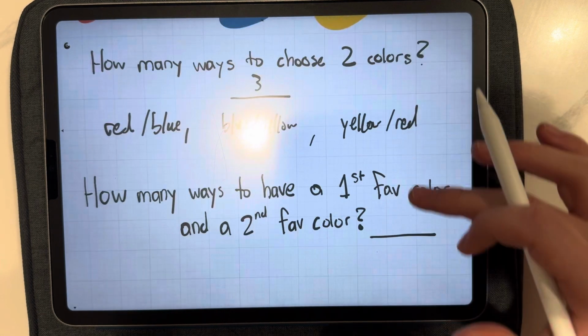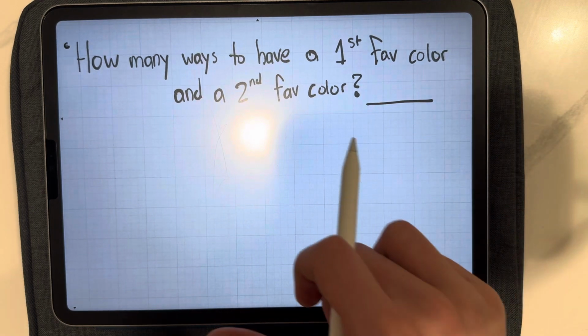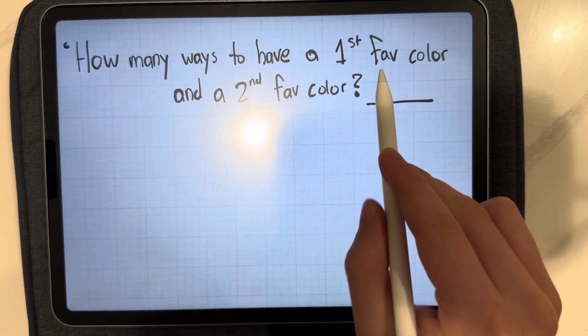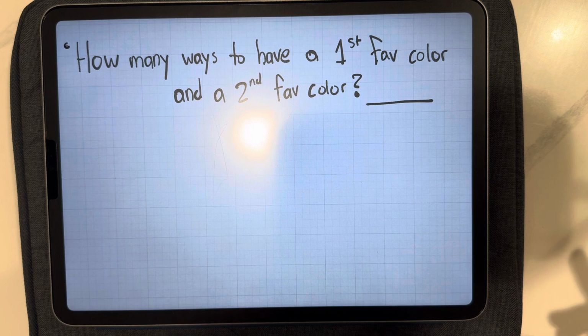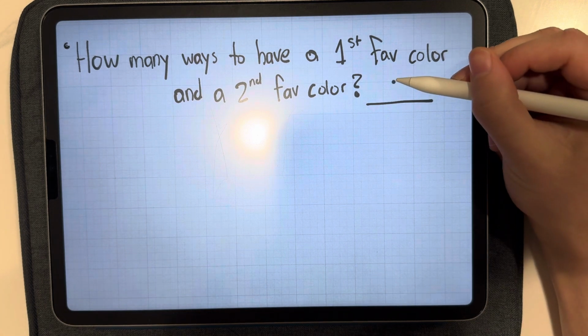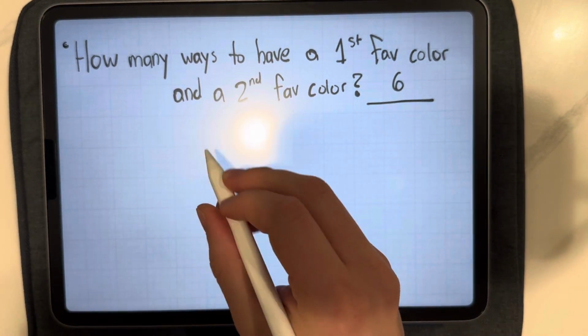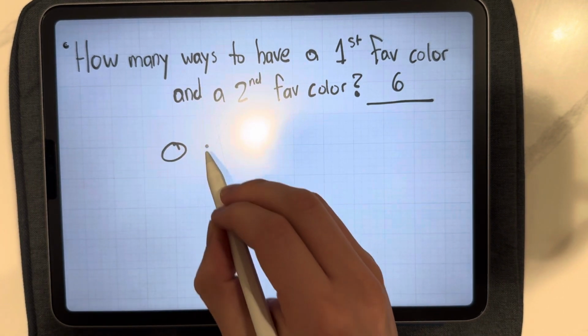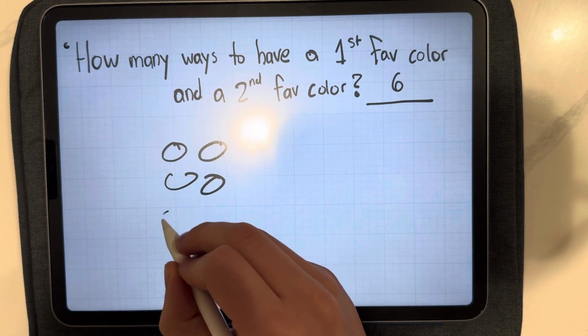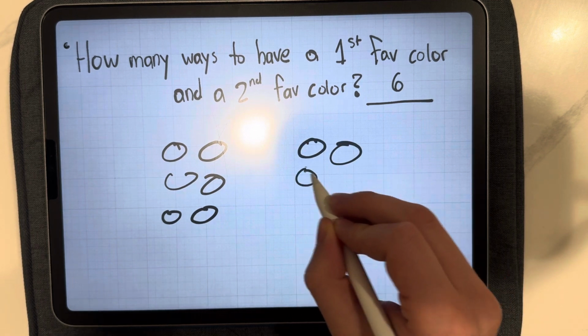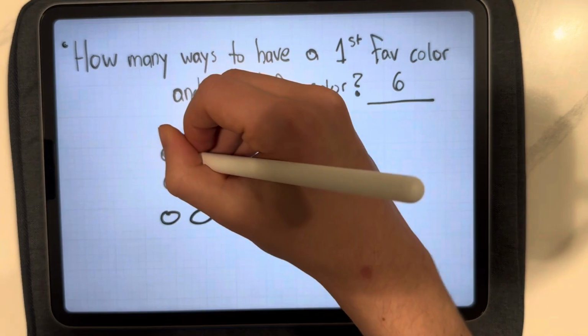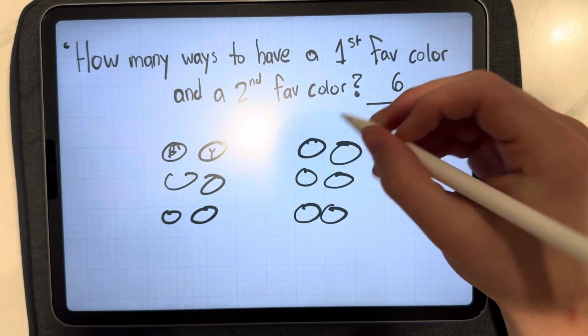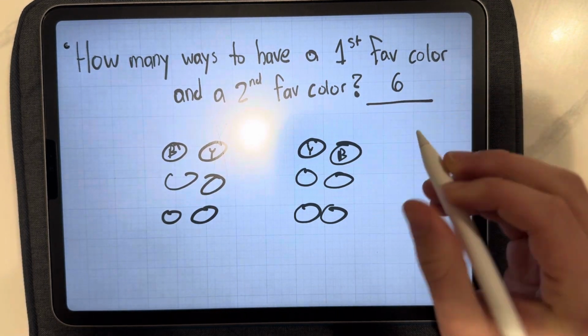it wouldn't be any different. But what if we ask the question, how many ways can you have a first favorite color and a second favorite color? I would try this yourself. The answer is 6. So it's just like the combinations, except you do count the ones that are different. So I'm going to count all these groups. This is blue and yellow, and this is yellow and blue.